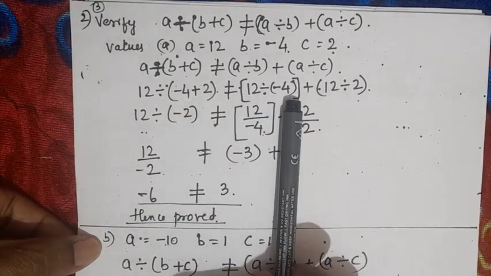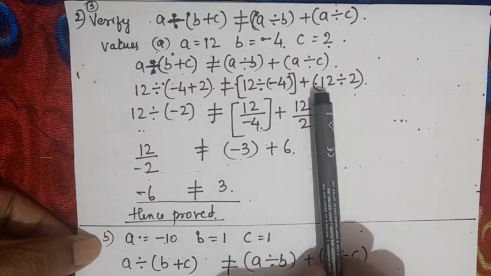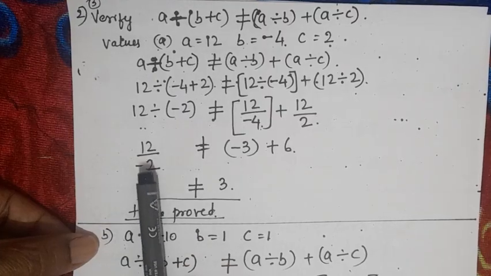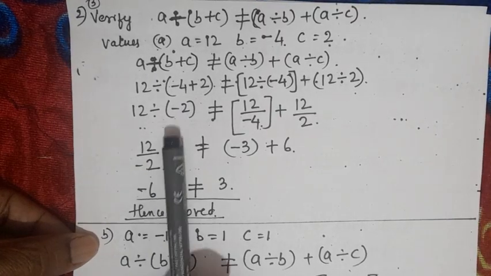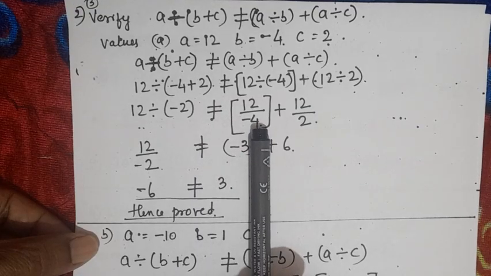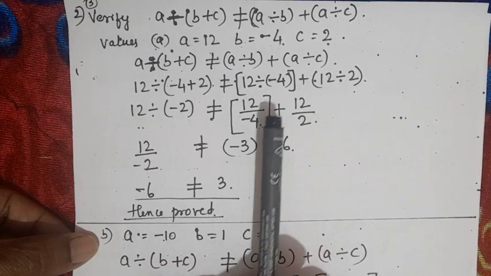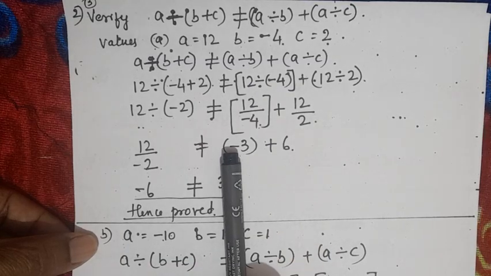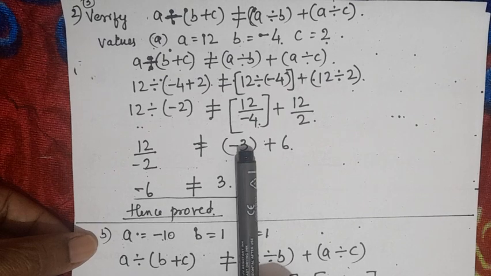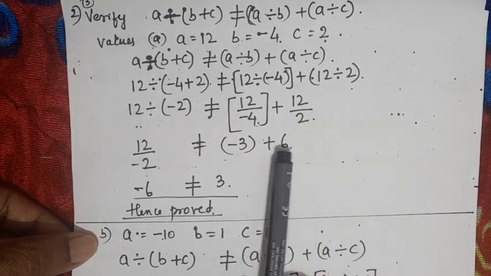Now solve this: 12 divided by minus 4 plus 12 divided by 2. Now divide this, 12 divided by minus 4. 4 ones are 4, 4 threes are 12. So you know that the sign should be minus. So 3 is the answer, minus 3, plus 12 divided by 2, 2 sixes are 12, plus by plus is plus, so 6.